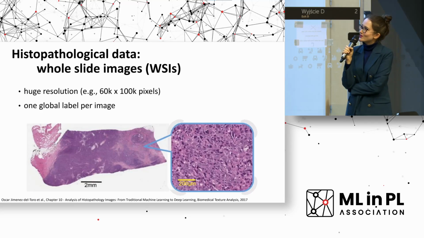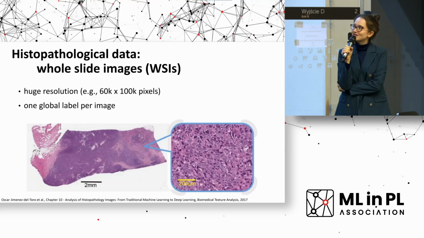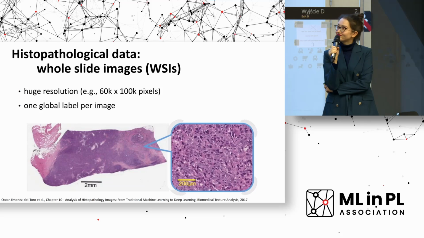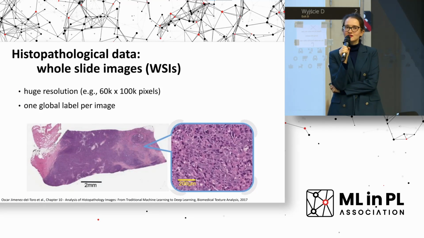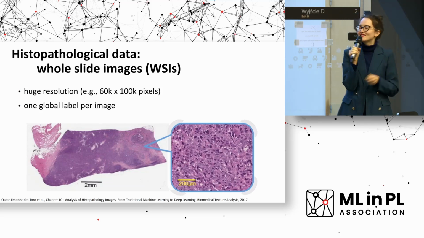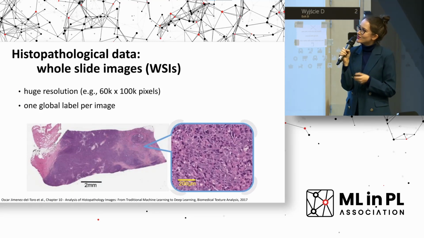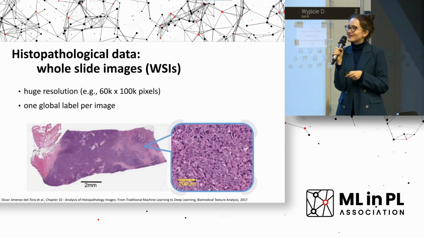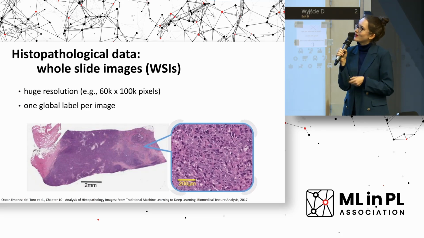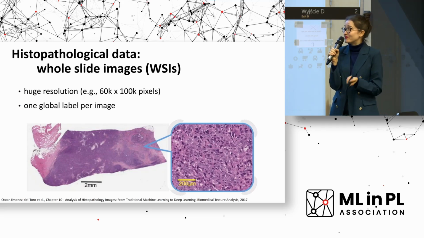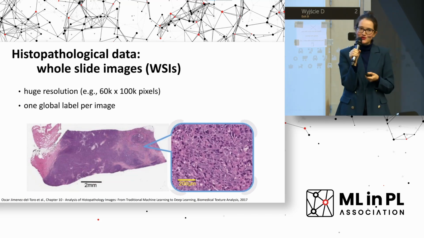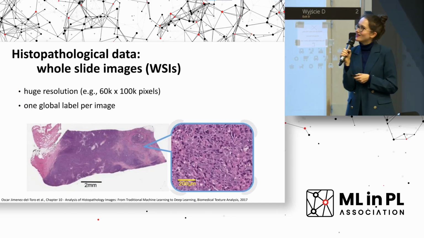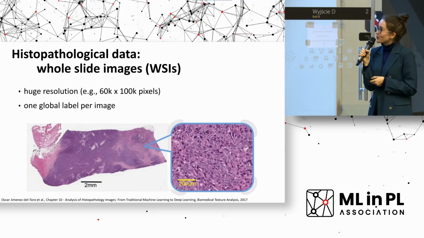I guess maybe it's not that obvious for you what it actually means to tackle such data. What problems do we have once we use whole slide images, and how can we actually get such data? In general, a physician cuts out parts of our tissue, and then histopathologists observe the tissue under big resolution within the microscope.